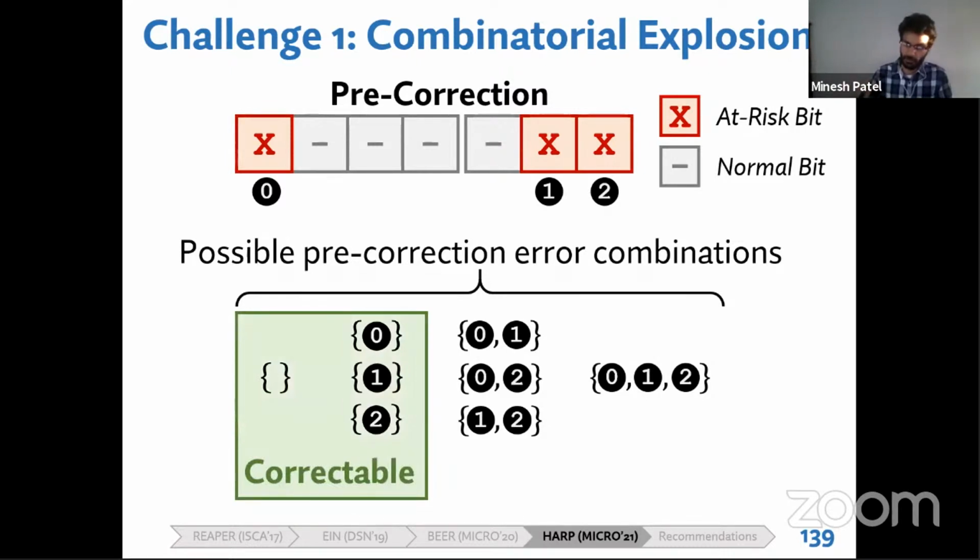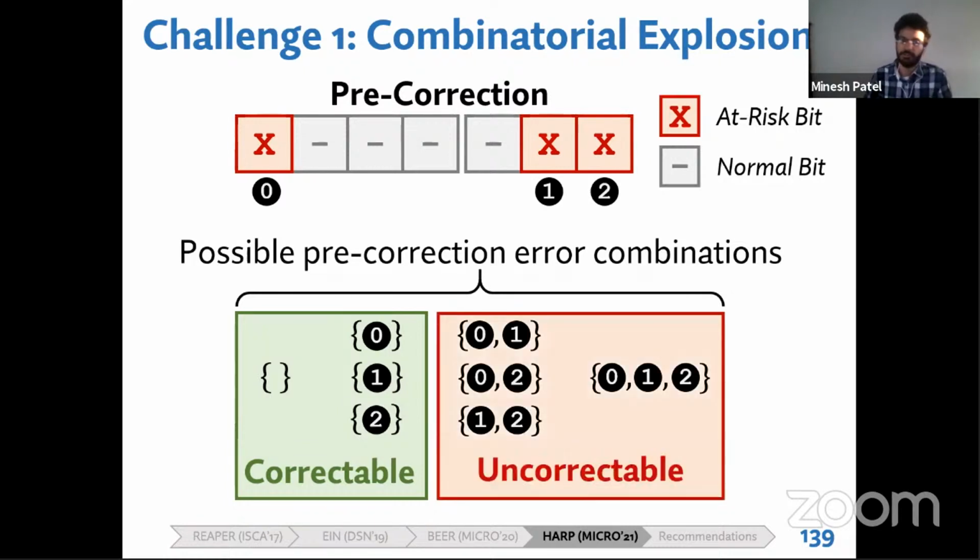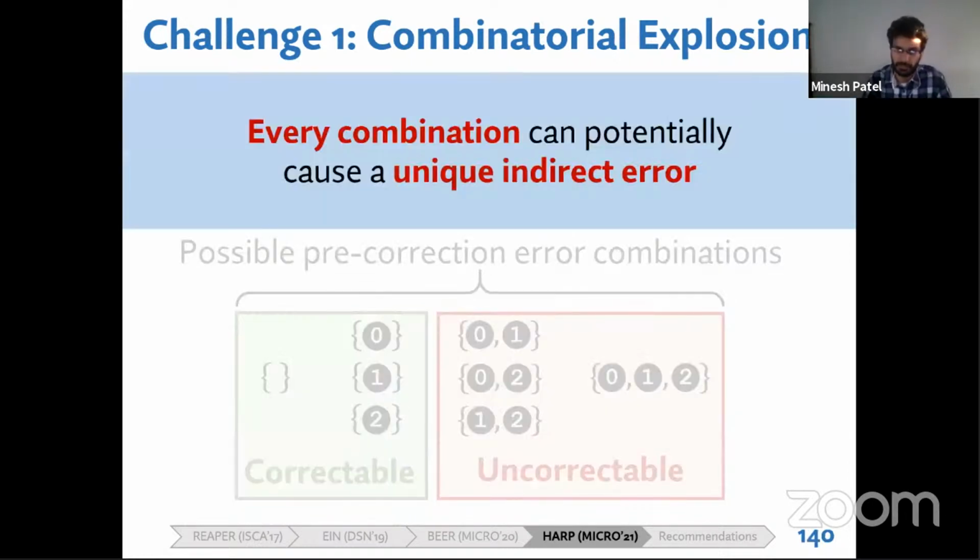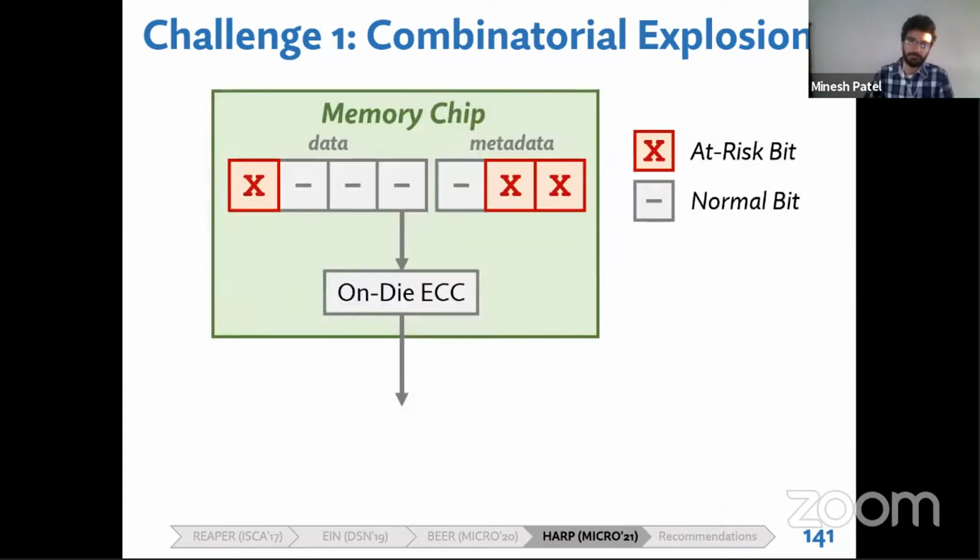Now, the 4 sets on the left are correctable, and so there won't be any post-correction errors corresponding to them. However, the 4 on the right correspond to uncorrectable error patterns, and so these 4 can actually result in post-correction errors. In the very worst case, each one of these individual combinations can potentially introduce a unique indirect error. So let's take a look at what this means for the profiler.